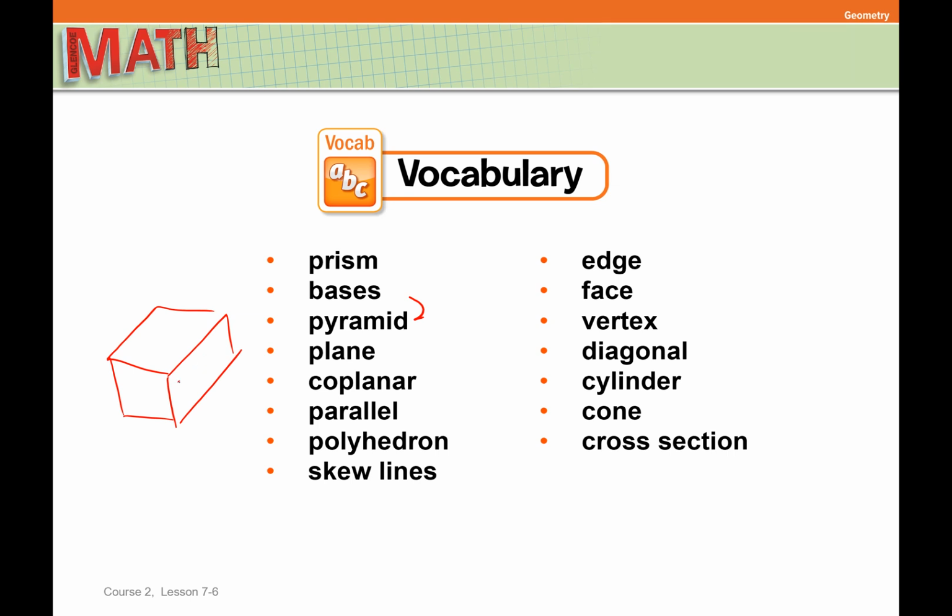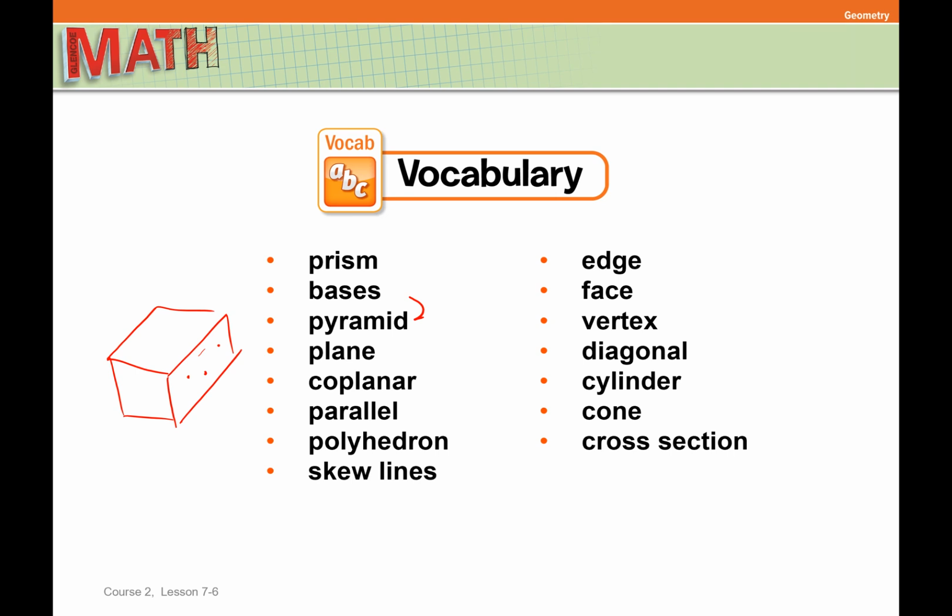So let's say I'm talking about this plane right here. If I put 1, 2, 3, those three dots are considered to be coplanar because they are on the same plane. Obviously parallel, a polyhedron is just a three-dimensional shape with multiple sides.